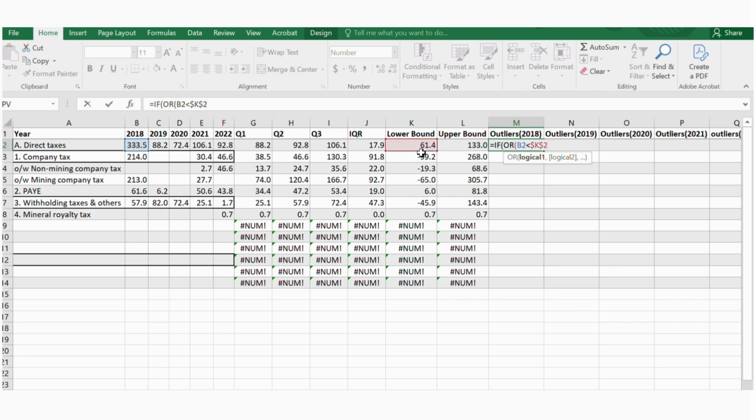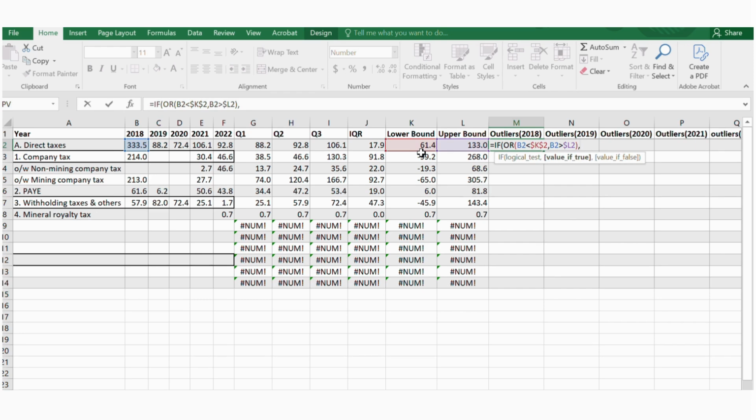We are saying, or B2 is greater than our upper bound, which is cell L2. So you look at your cell L2, right? Then you close it off, comma.